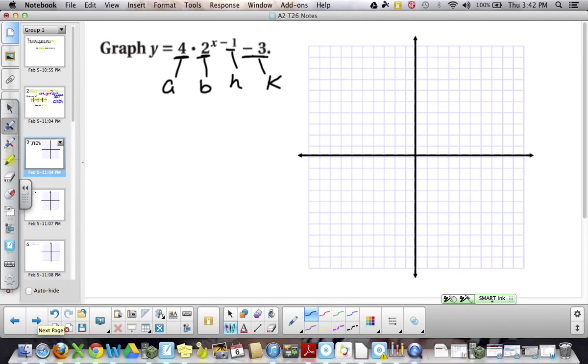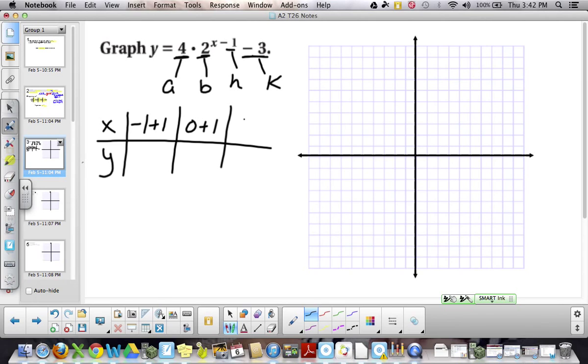The first thing I want to do is set up my points that I'm going to plot. My normal 3 x coordinates are negative 1, 0, and 1, but I want to add h to each one of them. So I'm going to take negative 1 plus 1, 0 plus 1, and 1 plus 1.